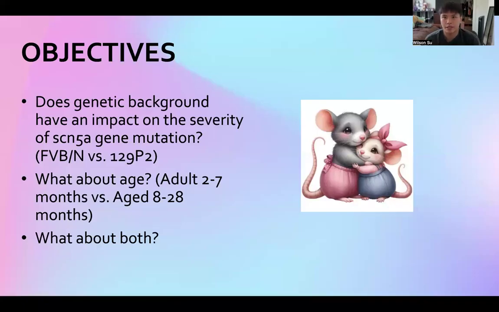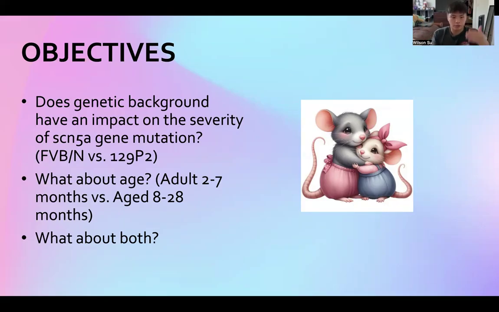The aim of this experiment was to figure out if this mutated gene has other modulating factors like genetic background or age. So how they did this study was they took two different strains, the FVBN and the 129P2 strain, and compared them to each other, as well as the adult versus the aged version of these mice.